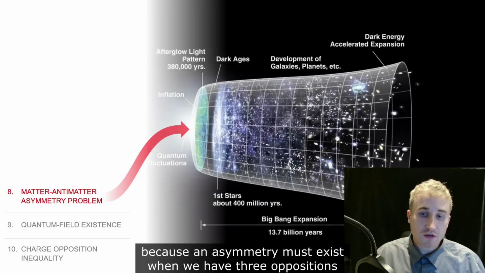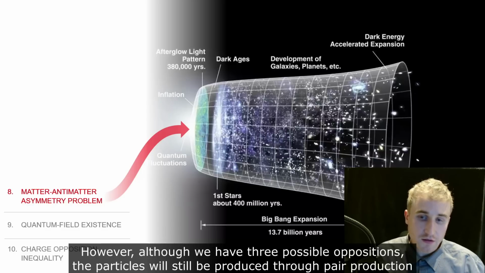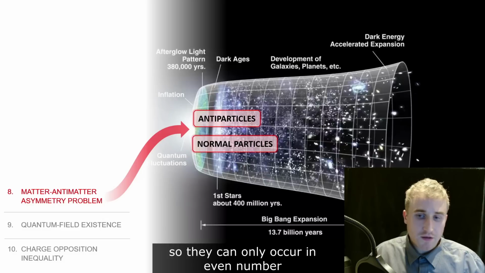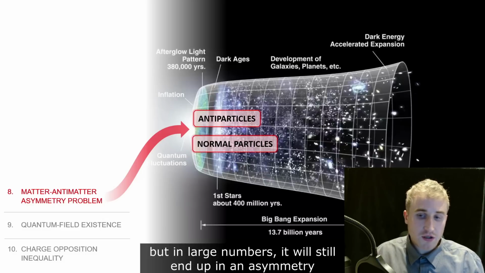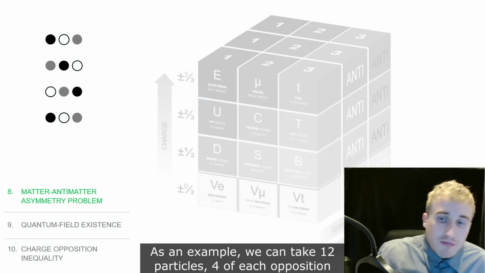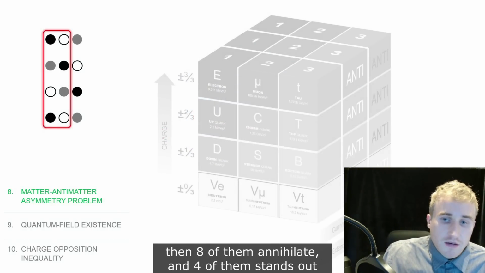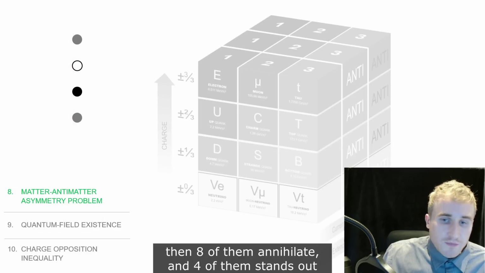Then we come back into the matter-antimatter asymmetry problem, which, like the strong CP problem, is not anymore a problem, because an asymmetry must exist when we have 3 oppositions. However, although we have 3 possible oppositions, the particles will still be produced through pair production, so they can only occur in even numbers, but in large numbers it will still end up in an asymmetry. As an example, we can take 12 particles, 4 of each opposition, then 8 of them annihilate, and 4 of them stand out.